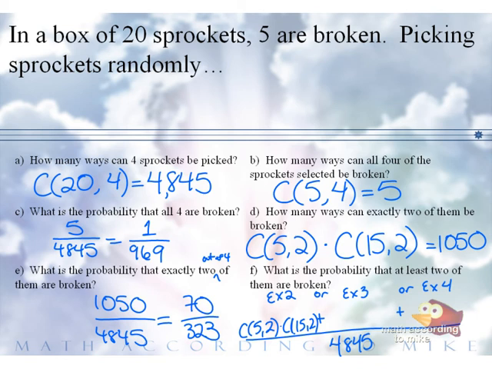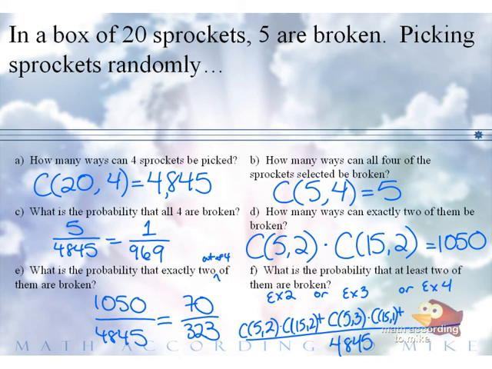So who wants to tell me the setup for exactly 3? Meaning 3 of them are broken, 1 of them is not. So out of the 5 that are broken, we want 3, and out of the 15 that are not, we want 1.